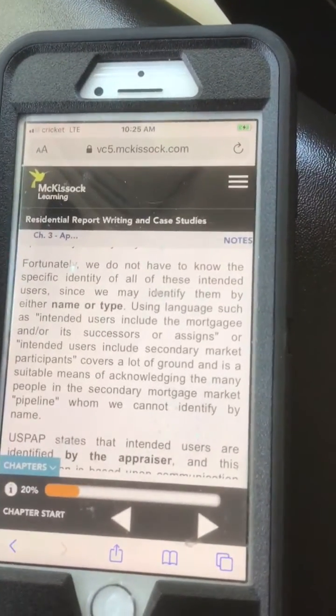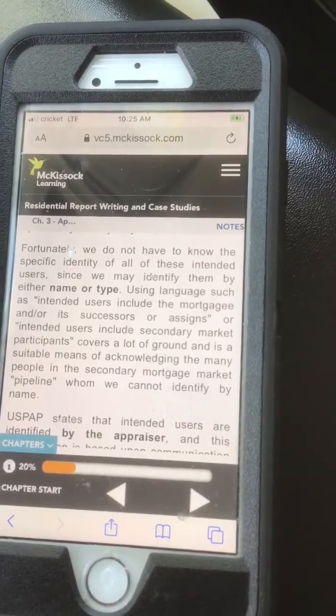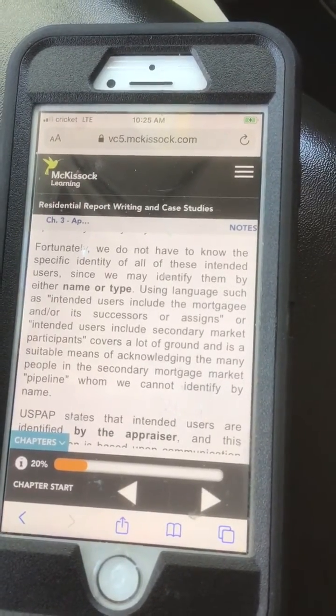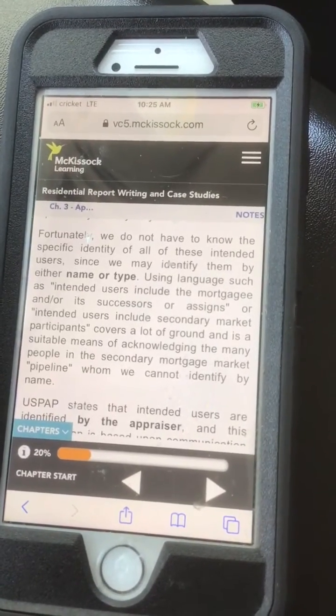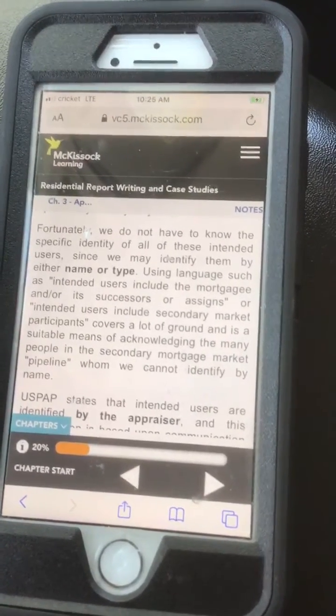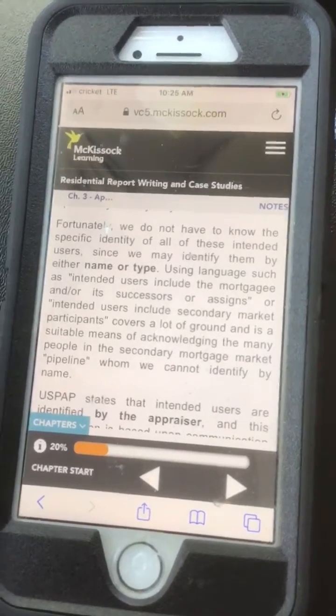Fortunately, we do not have to know the specific identity of all of these intended users, since we may identify them by either name or type.